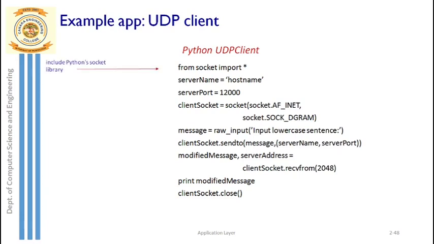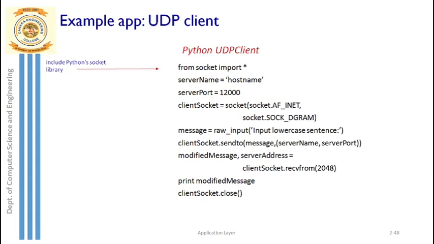What are the contents that you have read? That content is nothing but the uppercase sentence which the server has prepared for you. That uppercase sentence is read, and you can see it is stored in a variable called modified message. But along with that, you actually get one more piece of information. What is that? You get the from address also.